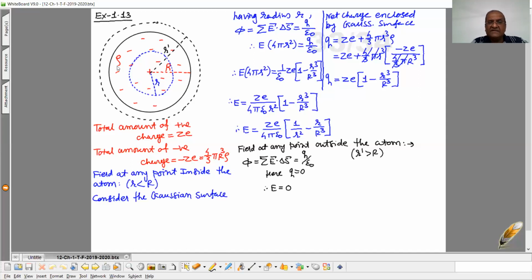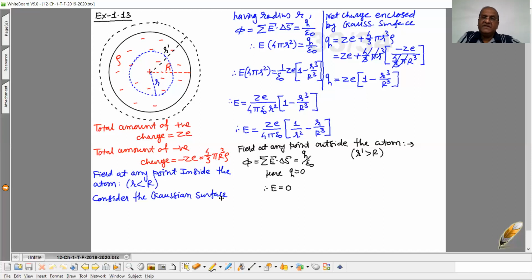The volume charge density of negative charge is the charge per unit volume, rho. So the charge in volume 4 by 3 pi R cube is minus Ze, equal to 4 by 3 pi R cube rho.